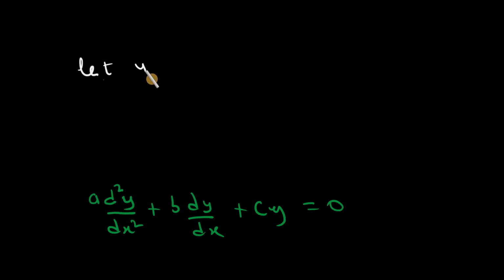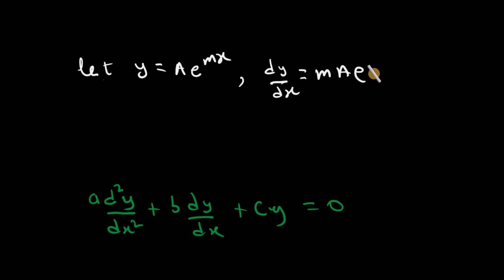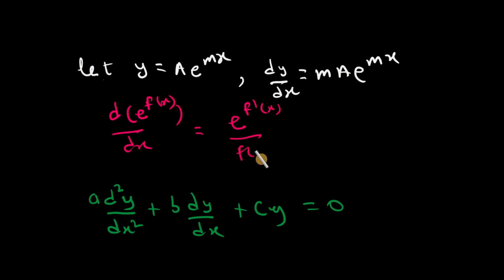Let's say I take y = a e^(mx). Then dy/dx will be equal to ma e^(mx). Here a is a constant, and the derivative of e^(f(x)) with respect to x is f'(x) e^(f(x)).